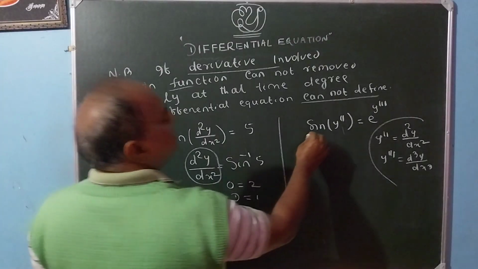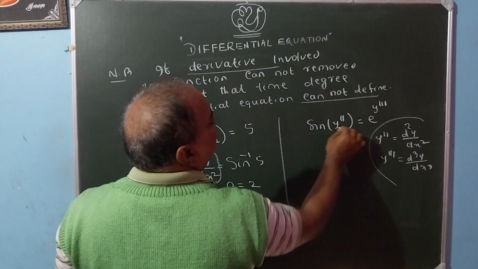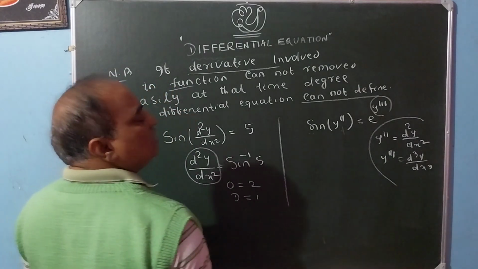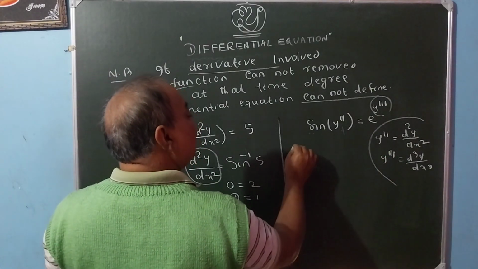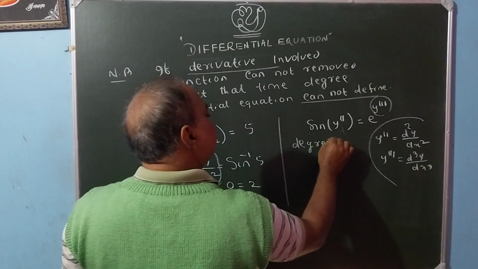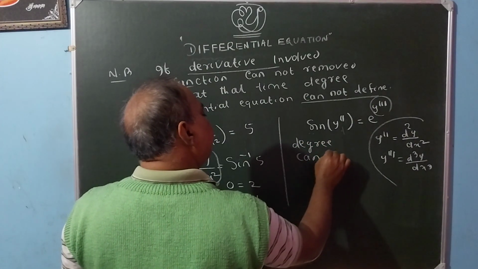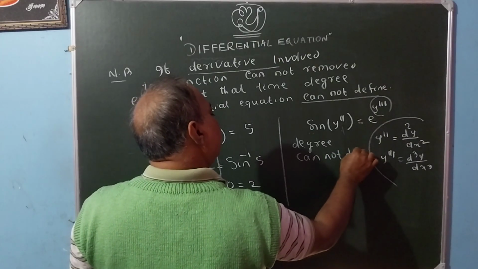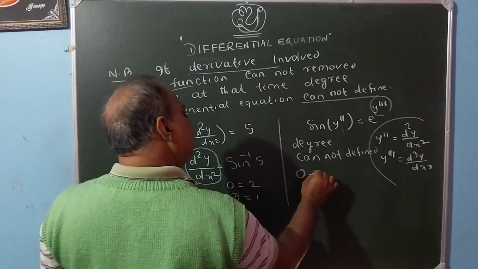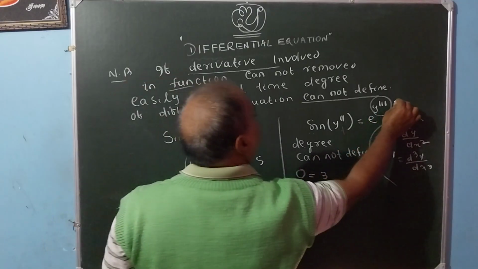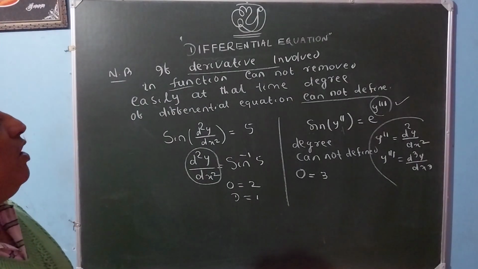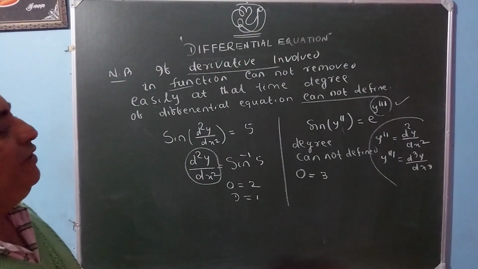So here the derivative is involved in a function which cannot be removed easily, so degree cannot be defined. But order is equal to 3, because the maximum derivative is 3.